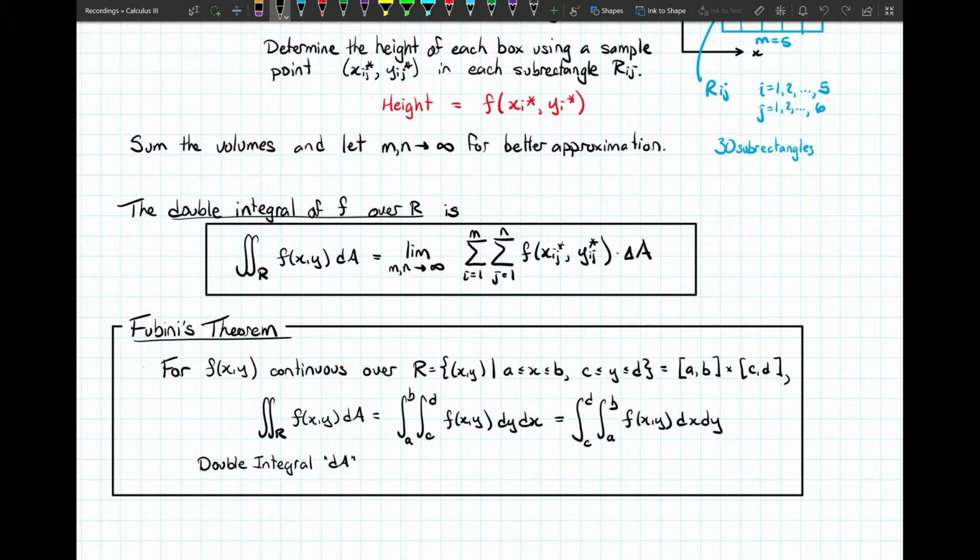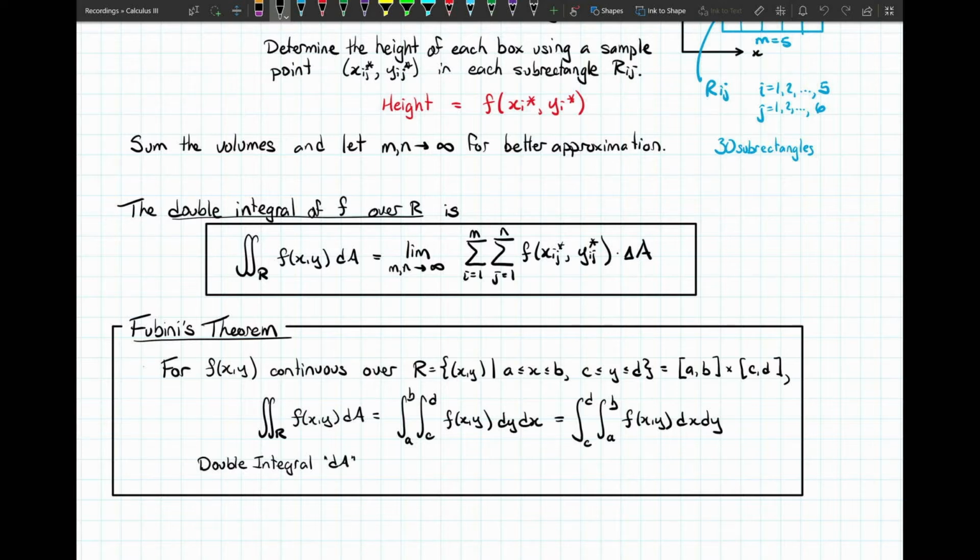Now, the order of integration here is going to be in the order of these two differentials. dy, integrating from y equals c to y equals d, and then integrating with respect to x from x equals a to x equals b. If we want to, we can actually change the order around. We can integrate first with respect to x from x equals a to x equals b, and then integrate with respect to y for y equals c to y equals d.